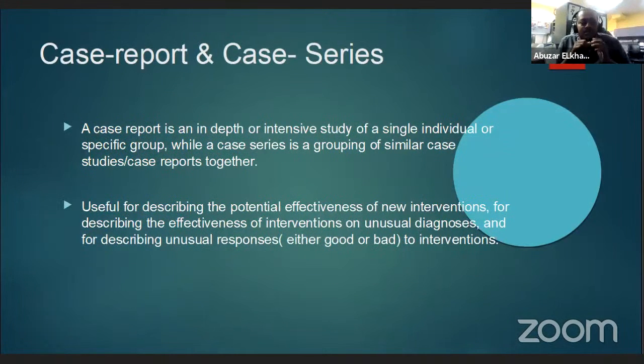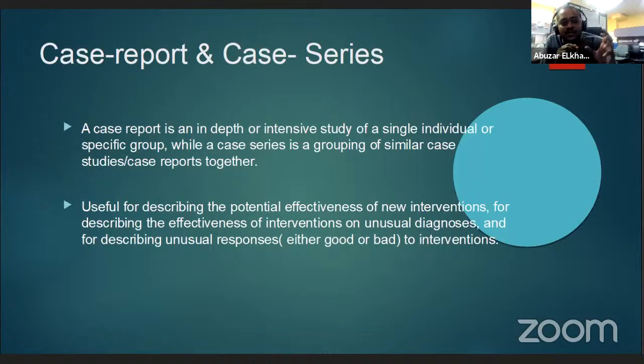So now we are going to touch briefly on each one of these studies. We will start with case report and case series because they share some similarity. A case report study is an in-depth or intensive study of a single individual or specific group, while a case series is a grouping of similar case reports together.